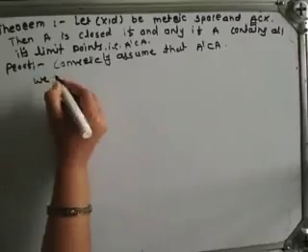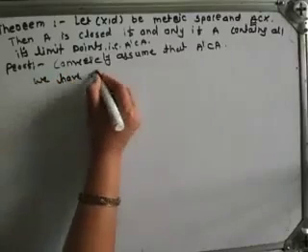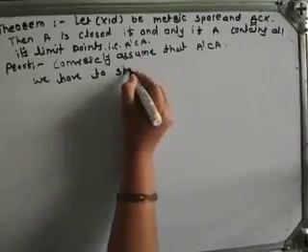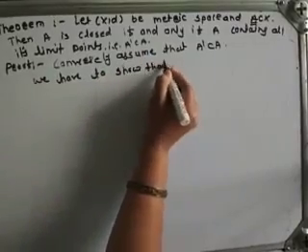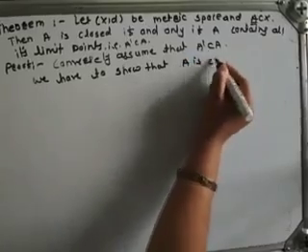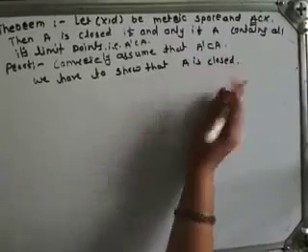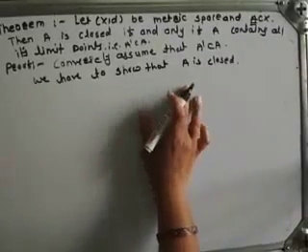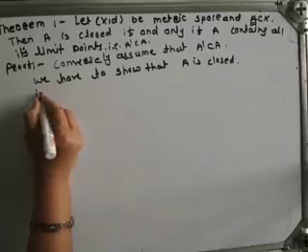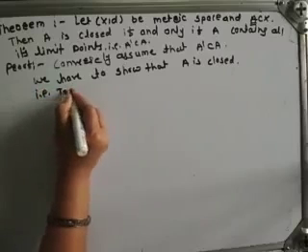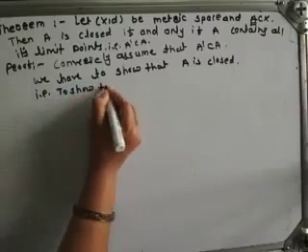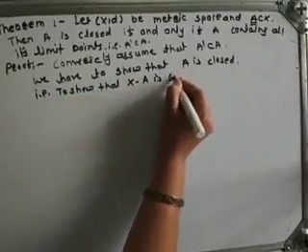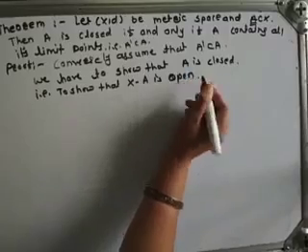We have to show that A is closed. That is to show that X minus A is open. That is, the complement of A is open.